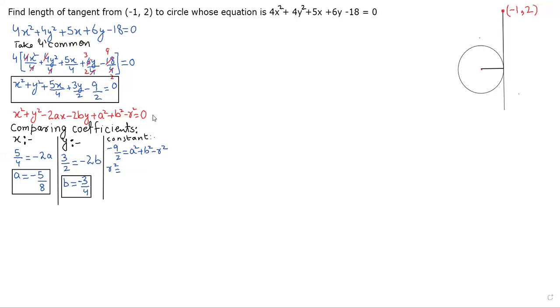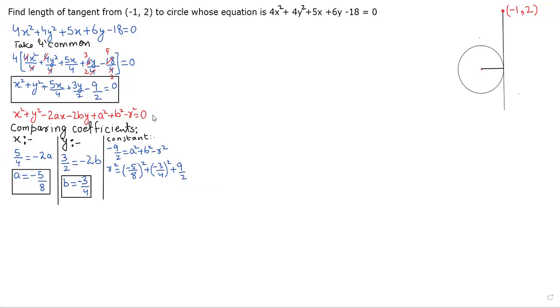A is minus 5/8 whole square, plus b, b is minus 3/4 whole square, plus 9/2.